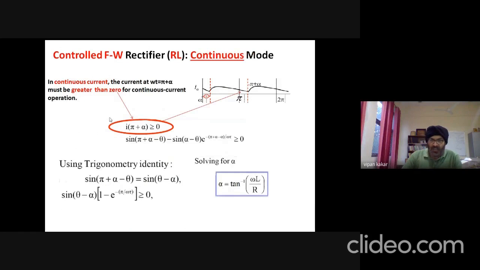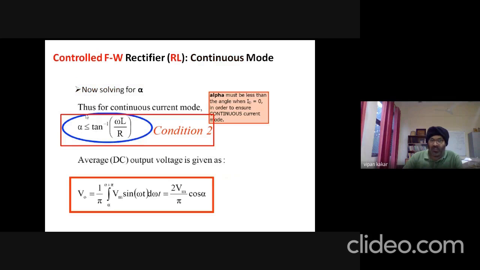Now let's say this current at pi plus alpha must be greater than 0, which is solved over here. So this alpha is now less than or equal to this value. After fulfilling this condition, we can solve the DC output over here.